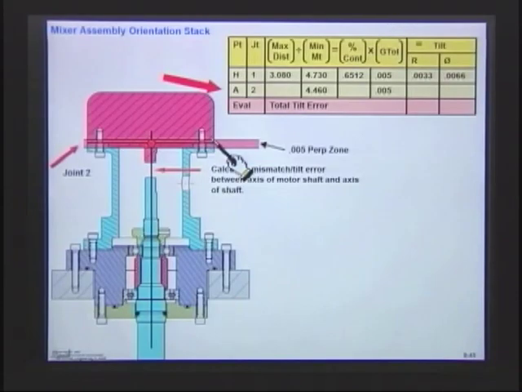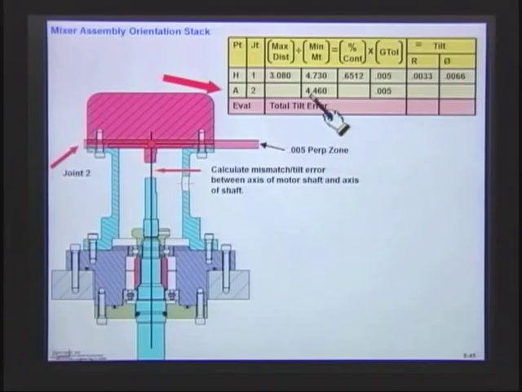So we'll add that information onto our stack table, and here it is: the minimum amount is 4.460. Now we have to find the maximum distance that that thing can protrude. So we're finding out the maximum distance, right? The furthest it is away will give us the most amount of tilt. And for the maximum, we'll take a look at this detail and find out what that maximum tilt is.